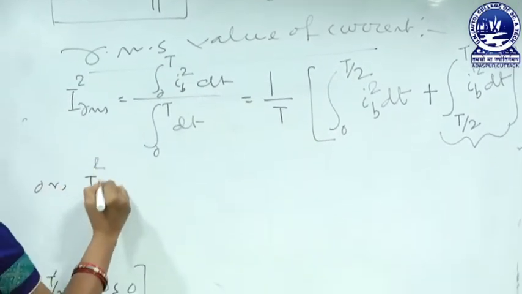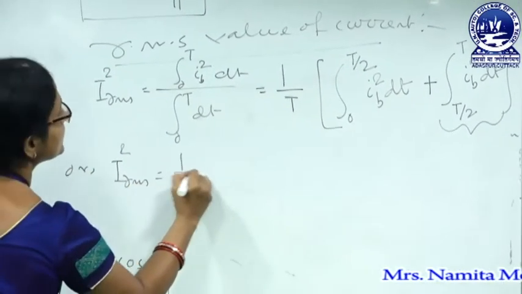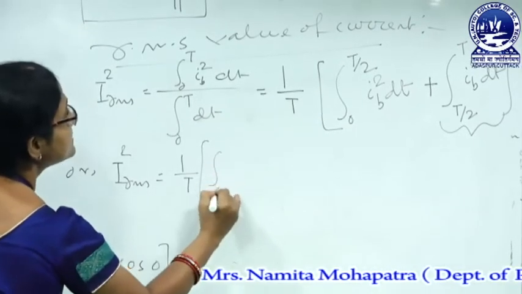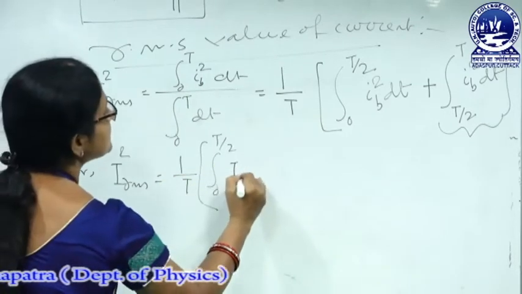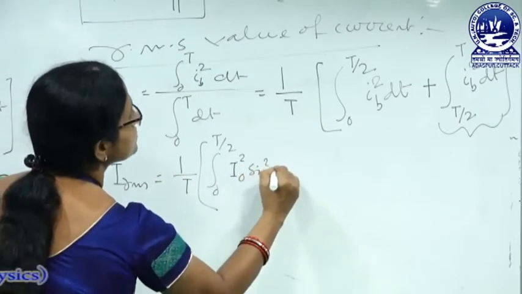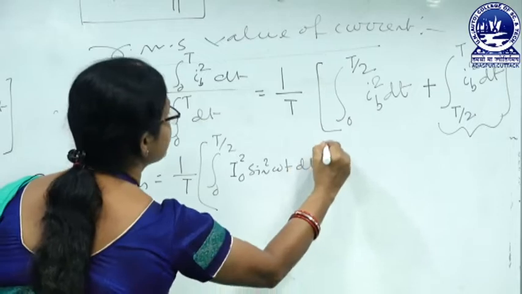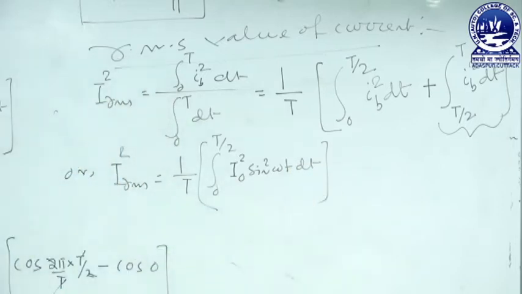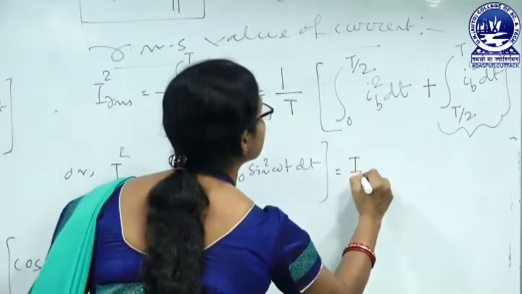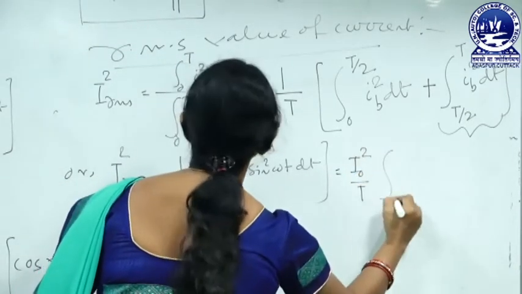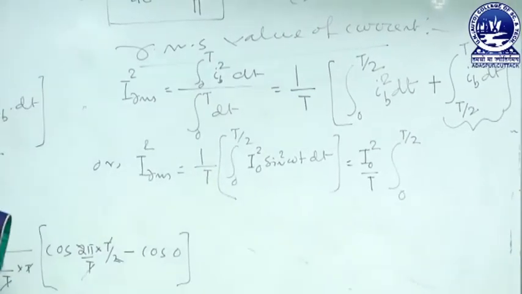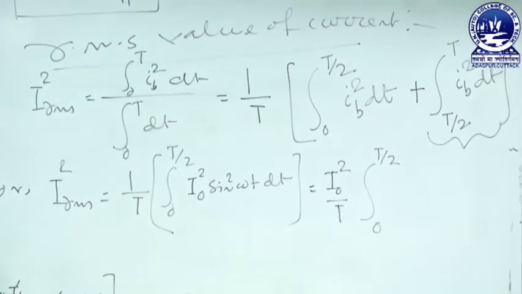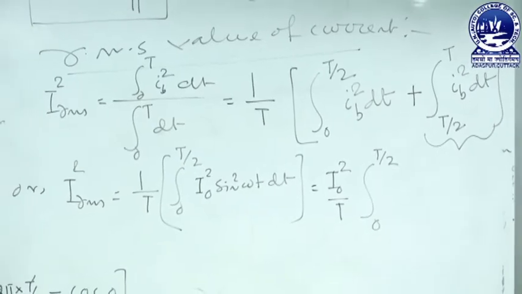So I square RMS equals 1 by T, putting the value of IB here, I0 square sin square omega T dt. I naught square is also constant, taking it outside, so that equals I naught square by T integration 0 to T by 2. What about sin square omega T? We know cos 2 theta equals 1 minus 2 sin square theta.